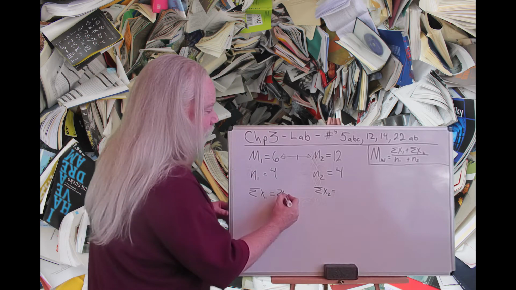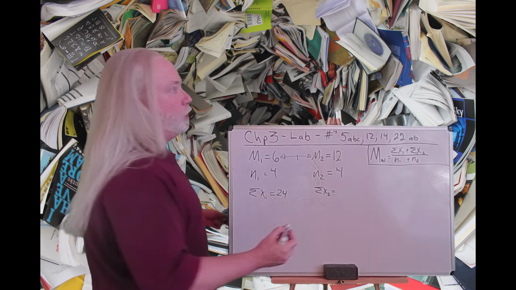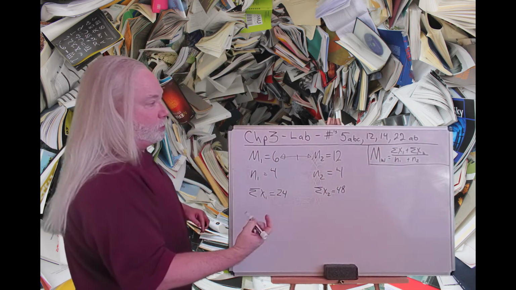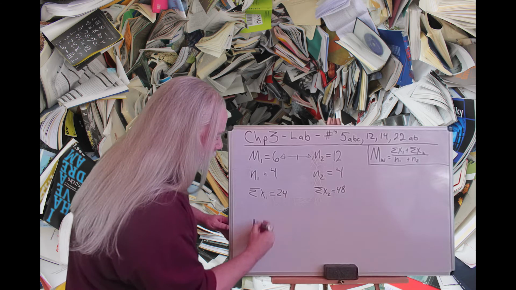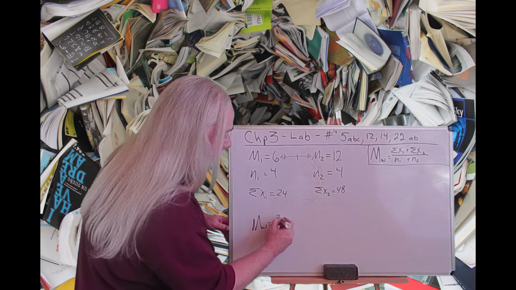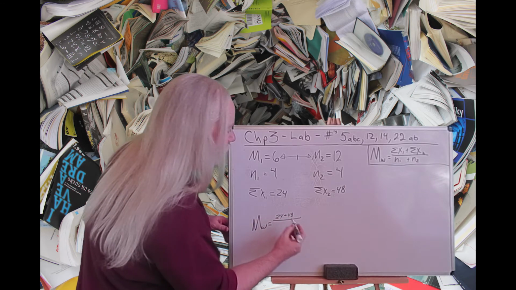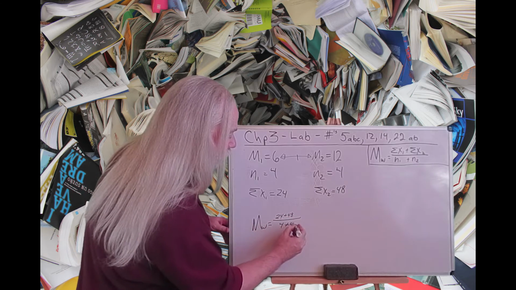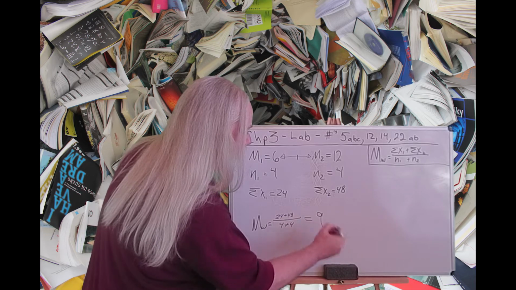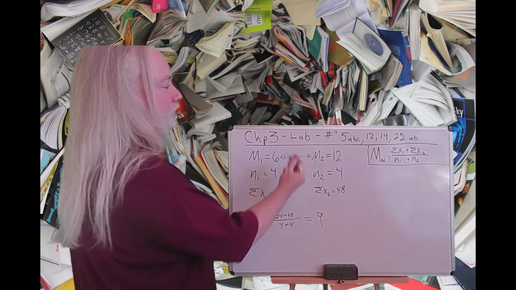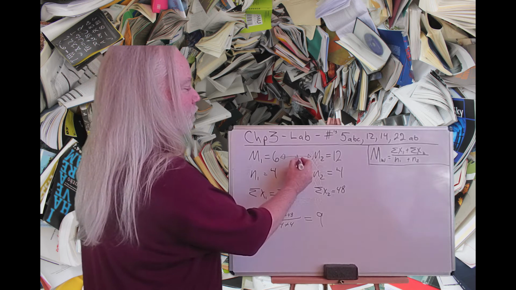So we've got 24 on this side, 48 on this side. And now we just plug them into the equation: the weighted mean is 24 plus 48 divided by 4 plus 4. And 9 is still our answer, whichever way we go about it, exactly in this halfway point here.